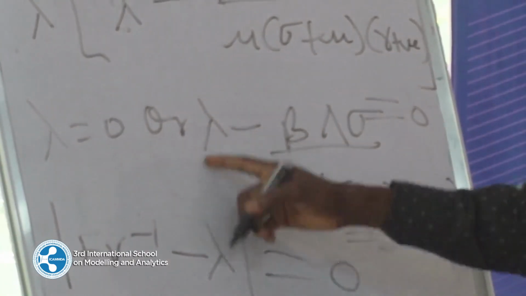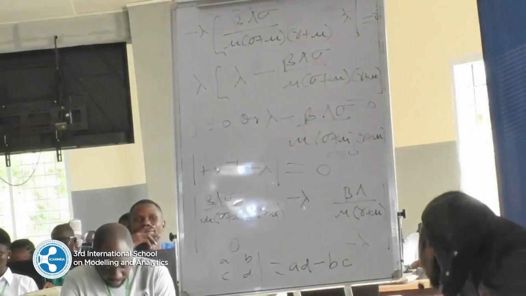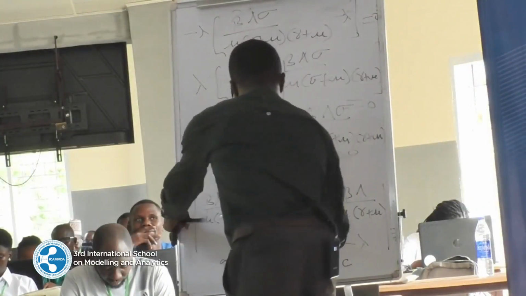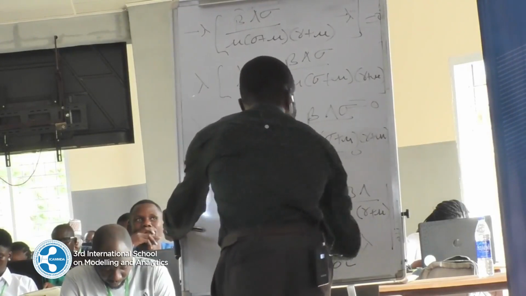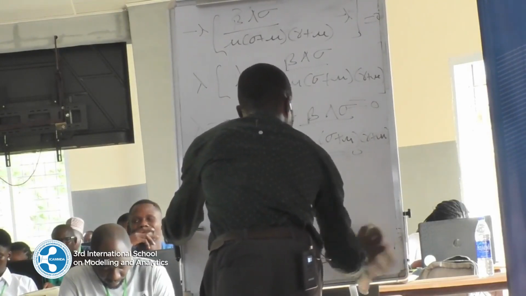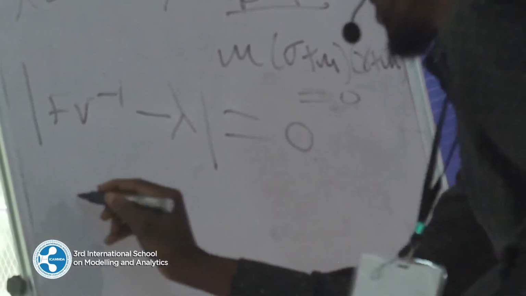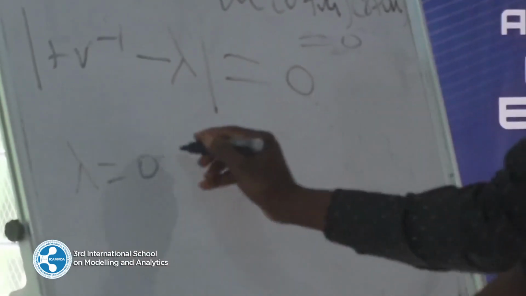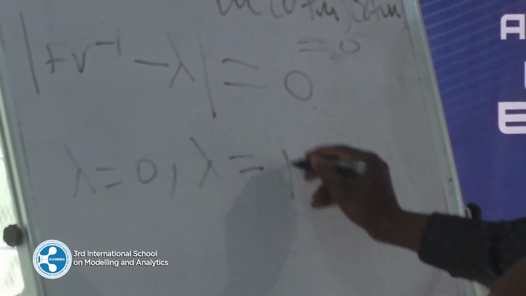So we can solve this for lambda such that lambda equals 0, comma, lambda equals what?